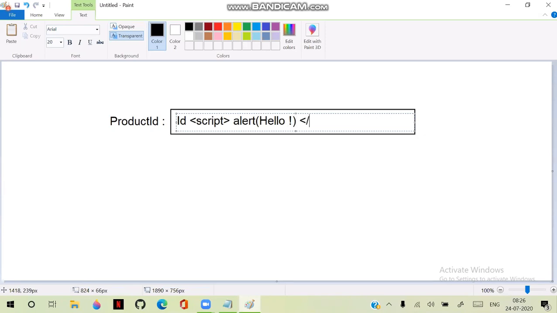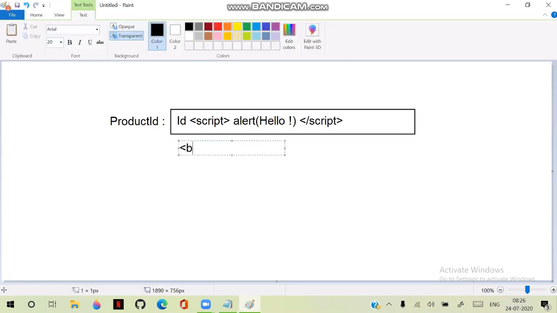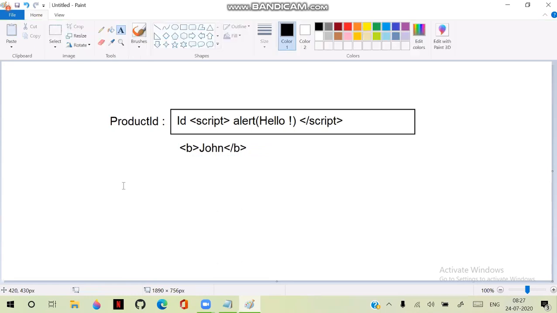If he tries to submit queries like this, or you ask to enter a name and he submits some name in bold letters, that means he is trying to submit data along with some code.